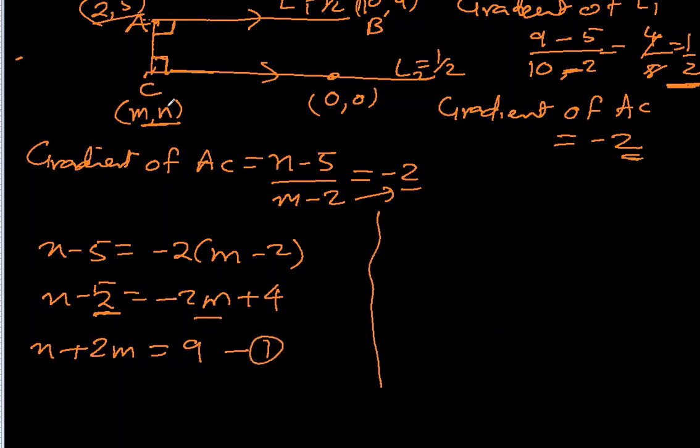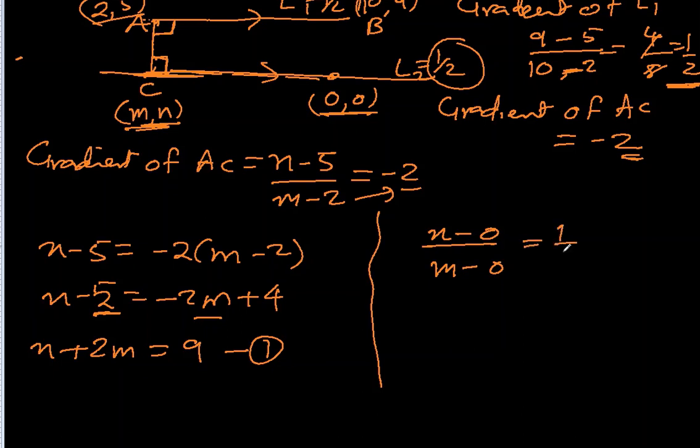Second situation. We know that the gradient of this L2 is half. We know this point (0, 0), and we don't know m and n, but we'll use the same way. y2 minus y1 over x2 minus x1 equals half, the gradient of L2. Cross multiply again, so m times 1 is m, 2 times n is 2n. 0 is not looked at. Okay, m is 2n, so we got m in terms of n.